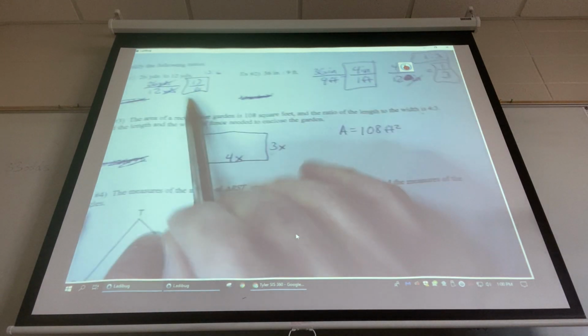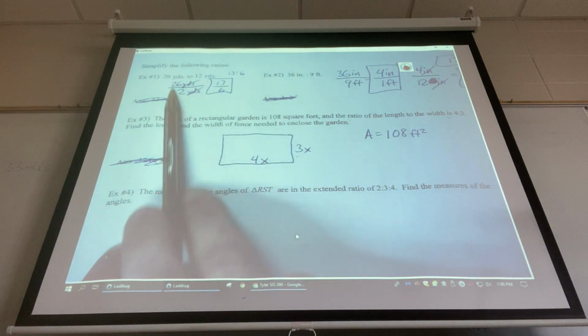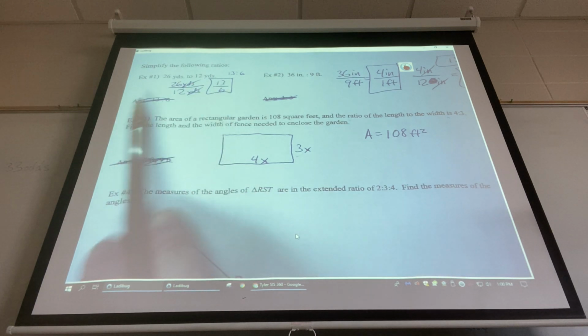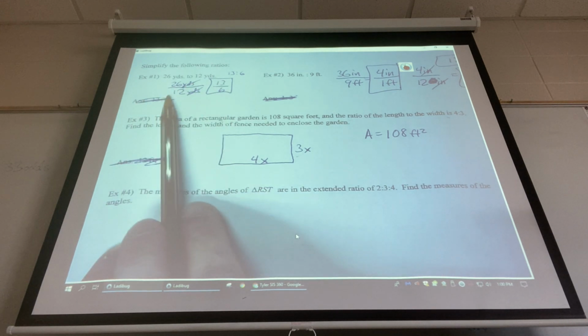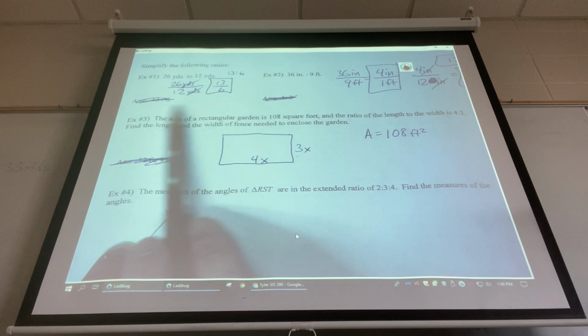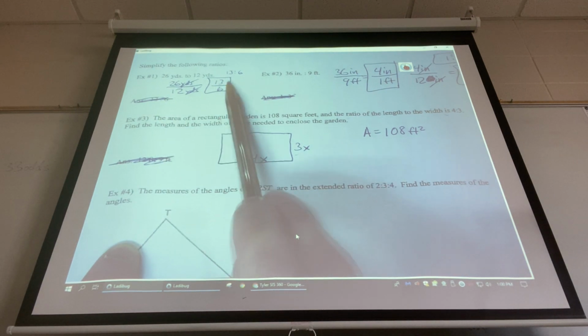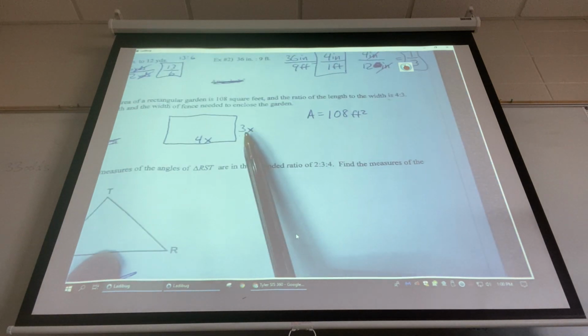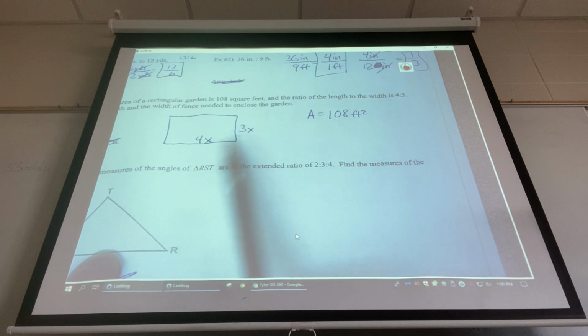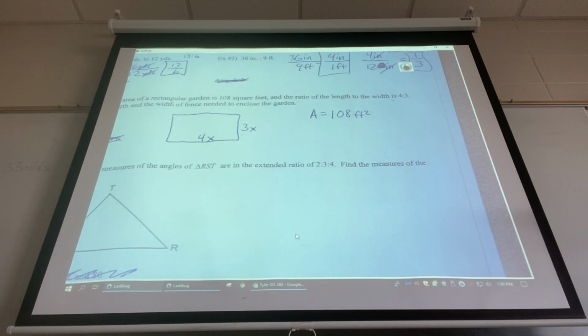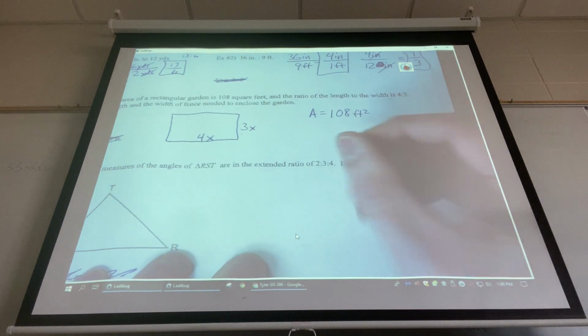Just like up here, when we had the real values and we simplified it, we divided both of them by 2. Well, to get back to the original, you would multiply both of them by 2. So we're going to be multiplying these by some value, both of them, to get their actual lengths. So 108 equals 4x times 3x.